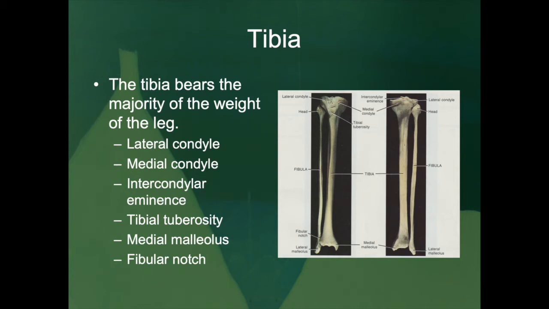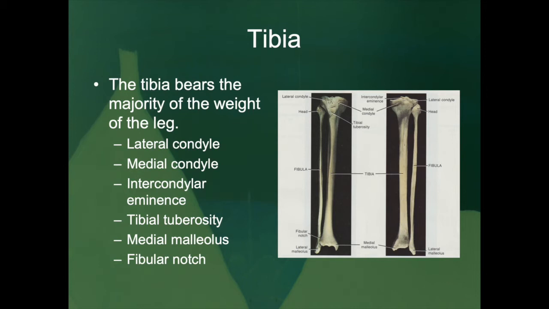These are associated with the same condylar design we have with the femur itself. The superior surface of the lateral condyle articulates with the head of the fibula. The slightly concave condyles are separated by an upward projection called the intercondylar eminence.